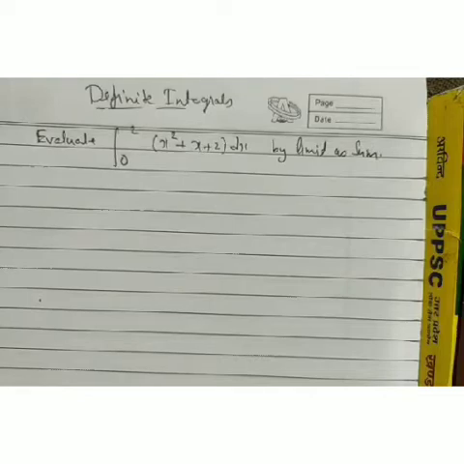We discussed the formula yesterday: the integral from a to b of f(x) dx equals the limit of h times [f(a) + f(a+h) + f(a+2h) + ... + f(a+(n-1)h)].